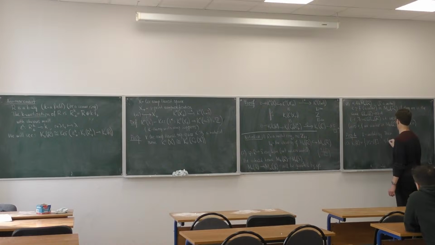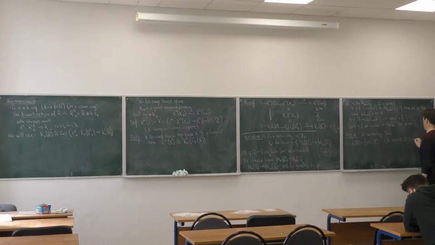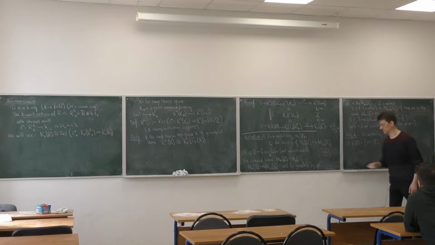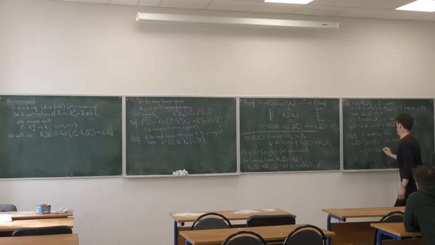E and F are idempotents in M infinity of R. Or we can also replace F by an element of the form 1n, so we have E minus 1n, where E is an idempotent and n is a non-negative integer.